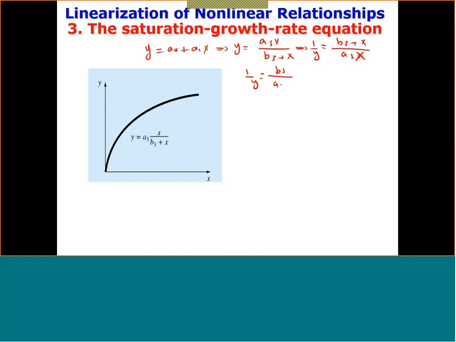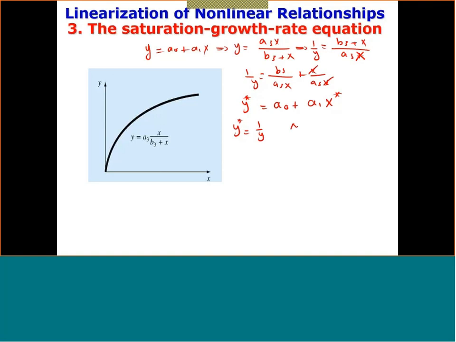So x will cancel. Okay, so now I will have y star equal to a0 plus a1 x star. Now, what is y star? y star is nothing but 1 over y. What is x star? It is nothing but 1 over x.